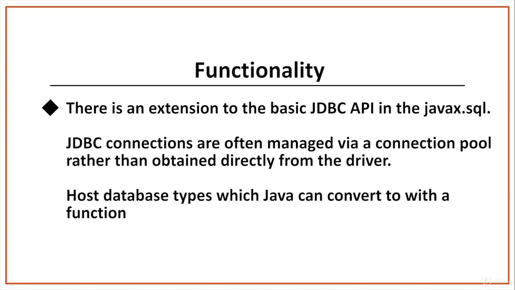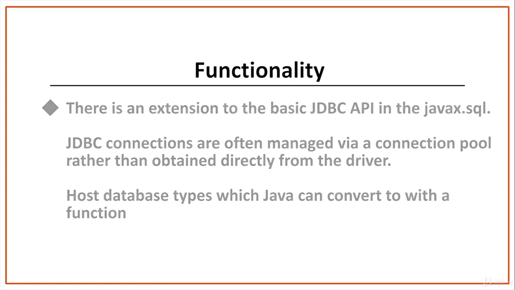There is an extension to the basic JDBC API in the javax.sql. JDBC connections are often managed via a connection pool rather than obtained directly from the driver. Host database types, which Java can convert to with a function.